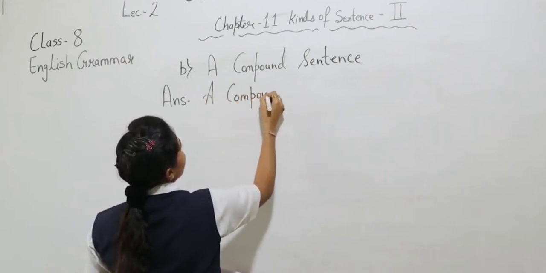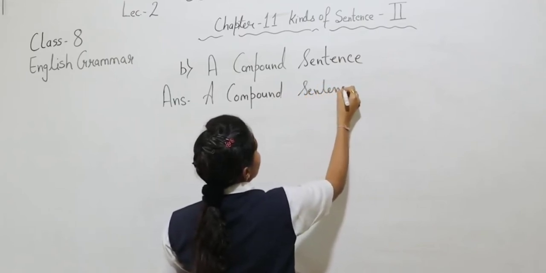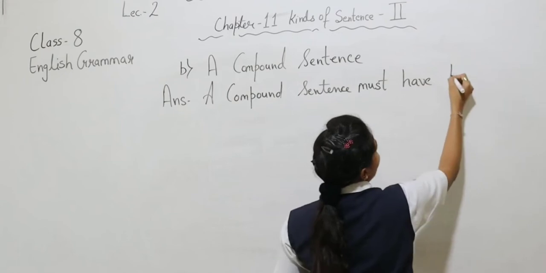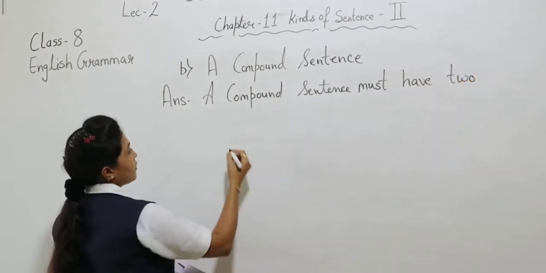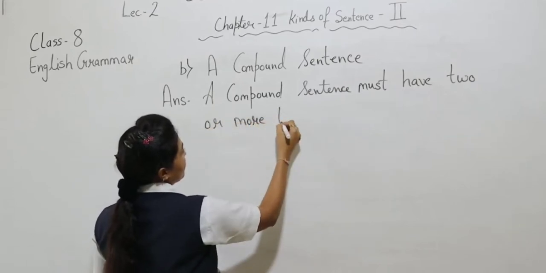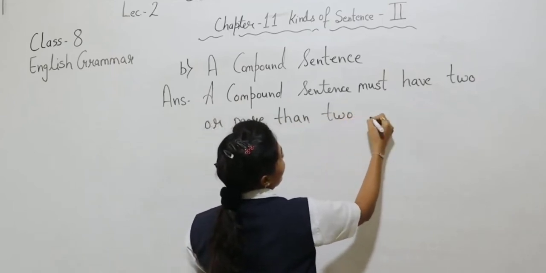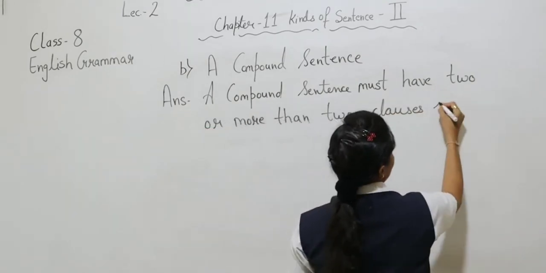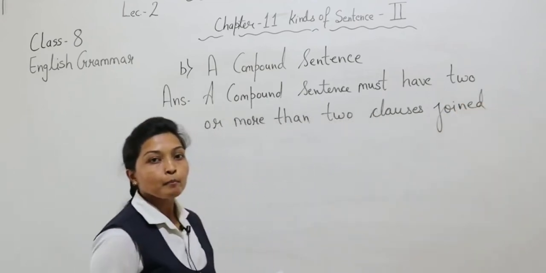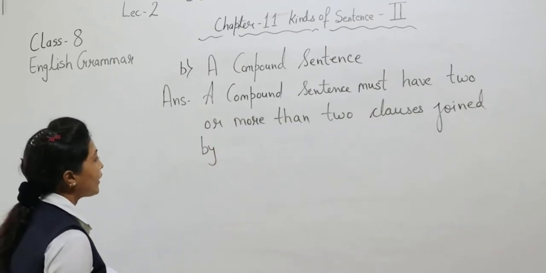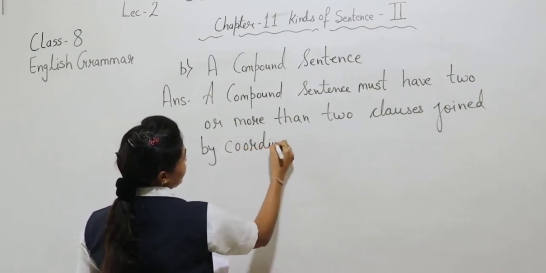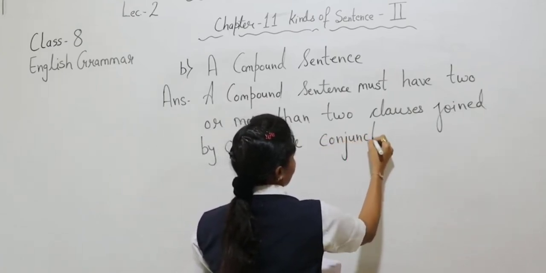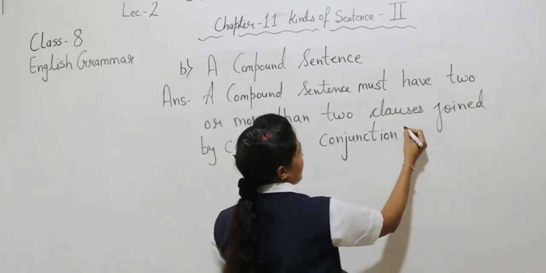A compound sentence must have two or more than two clauses joined by coordinate conjunctions.